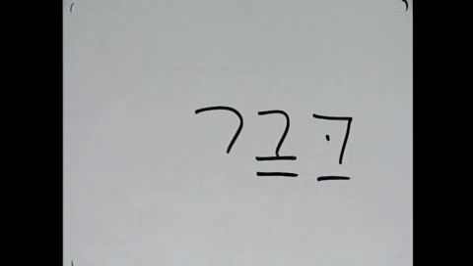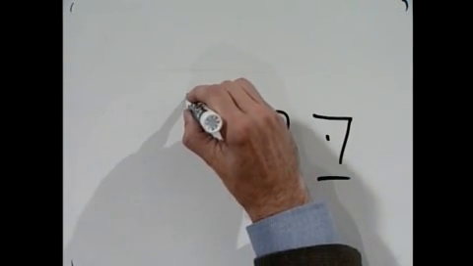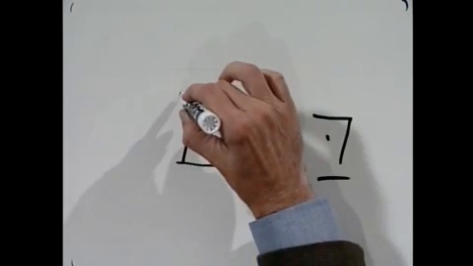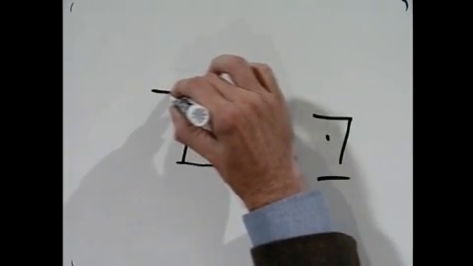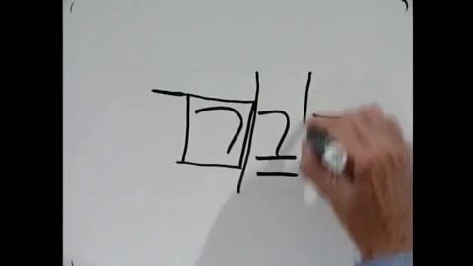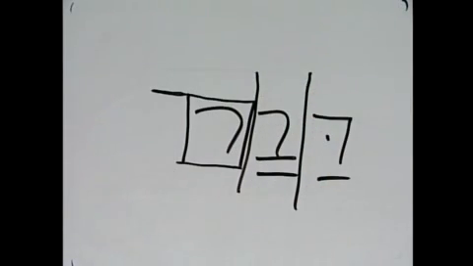In the second step, we're going to add the box. And this time the box is going to be a masculine singular construct box, which is simply a box with a makef. And again, the purpose of that is to emphasize that this word is now without accent. It's been shifted to the word in the absolute. So now we can just divide the syllables here, and we're ready to crunch the rules.